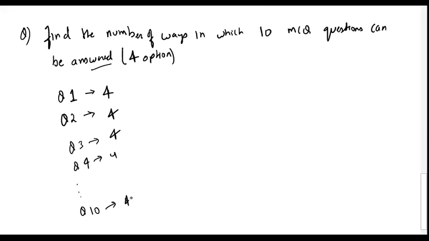It is 4. Now you have to answer question number 1 and question number 2 and question number 3, right? So tell me, what will happen? They will be multiplied. So 4 into 4 into 4, how many times? 10 times.